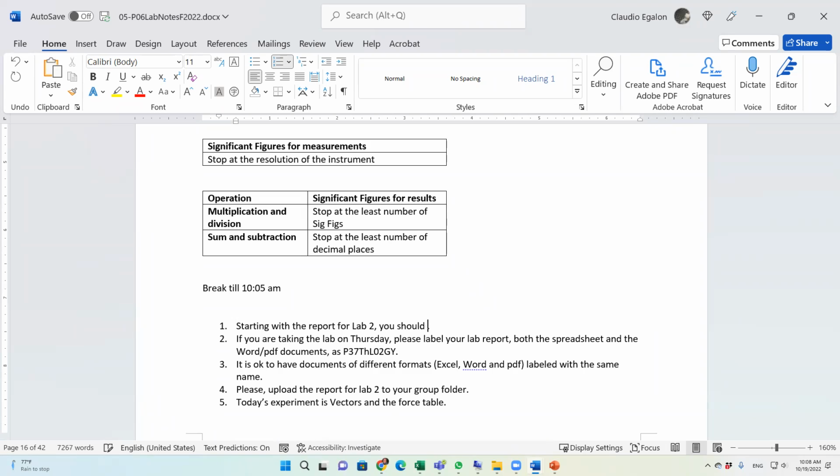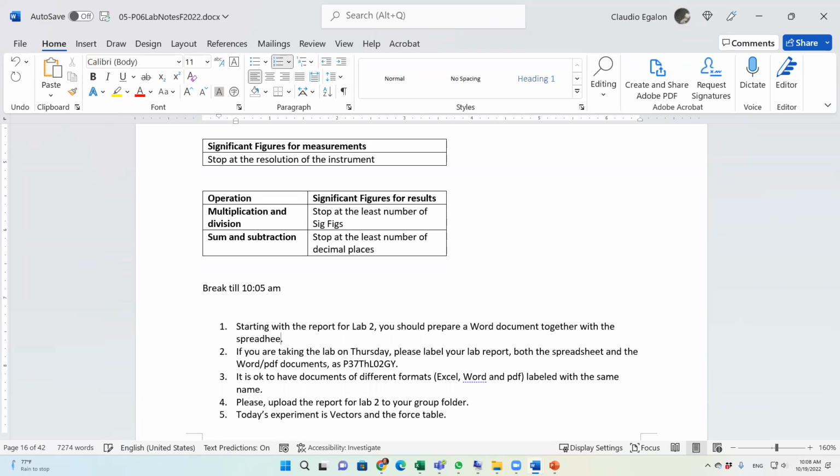You should prepare a Word document together with the spreadsheet and upload both of them to your group folder. Okay?